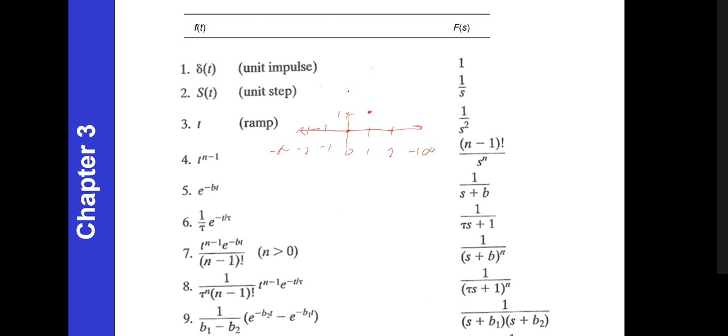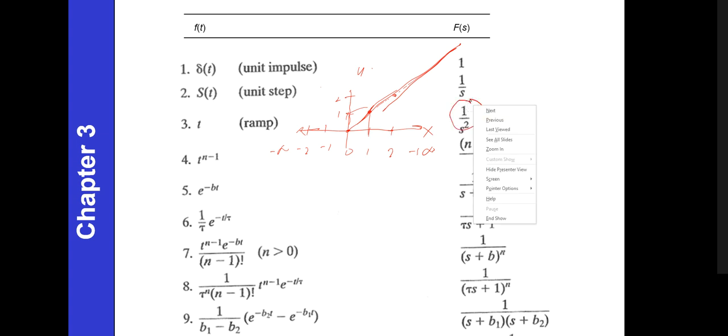For 2, the y value is also 2. So as you can see, if you graph this one, it goes up like a staircase or ramp. Whatever the value of your x is, that is the value of your y. So that's the ramp. If you have a ramp, which is given as t, the Laplace transform of a ramp is 1 over s squared.